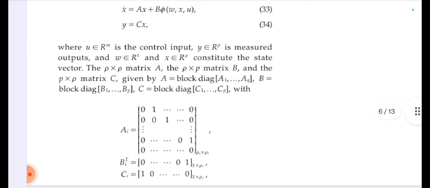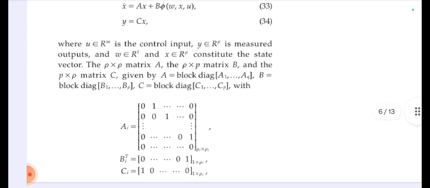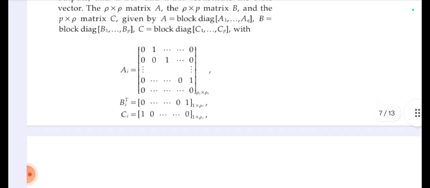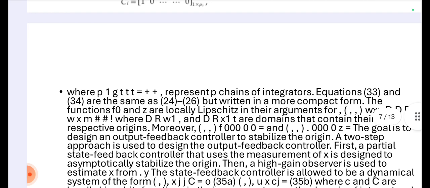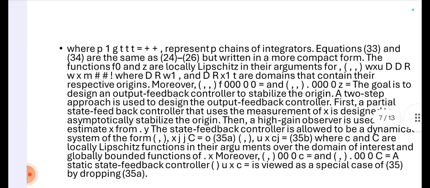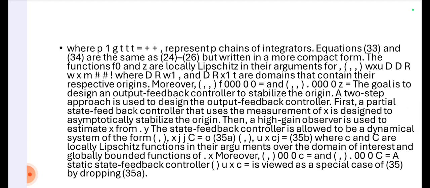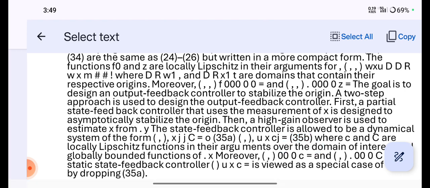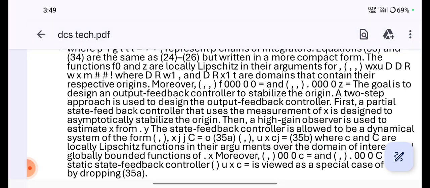Here we can see the matrices A_i, B_i, and C_i, where ρ_i represents chains of integrators. The equations are the same but written in a more compact form, where D_ω and D_x are domains that contain their respective origins.